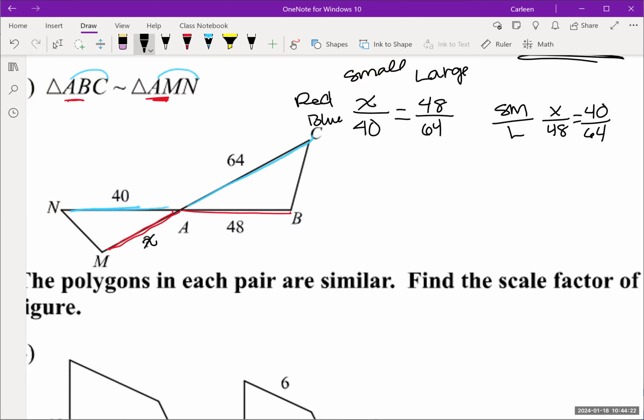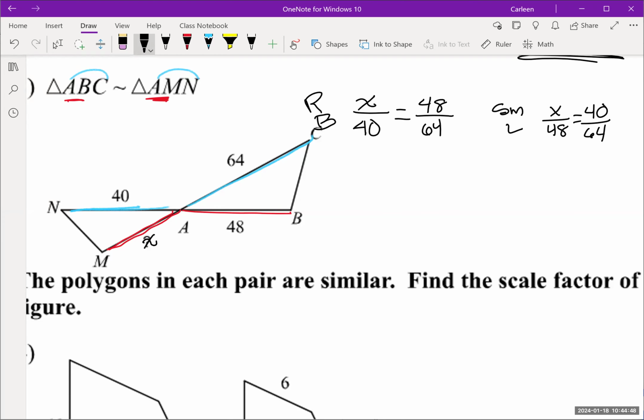Now, how is it that both of these proportions, I'm going to erase this, make it a little less cluttered. Why is it that both of these proportions will give the correct answer? Yeah, like for this one, I did red to blue. And this one, I did small to large.